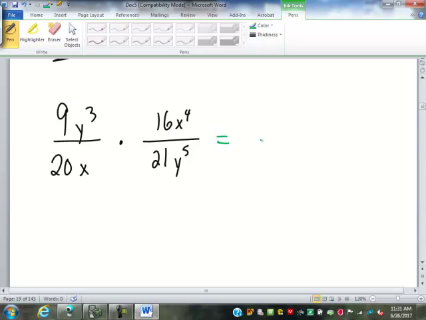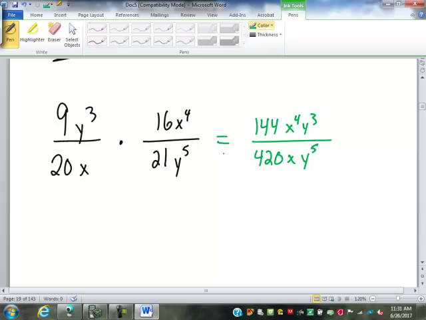Now, as always, I could multiply this whole thing out. 9 times 16 is 144. Then x to the 4th, y to the 3rd. Why did I put the x to the 4th first? Alphabetical order, right? X comes before y. 20 times 21 is 420. Then x, y to the 5th.